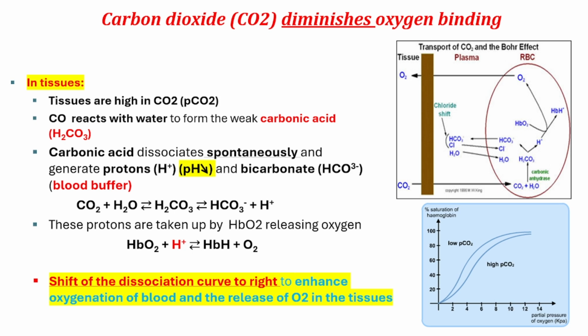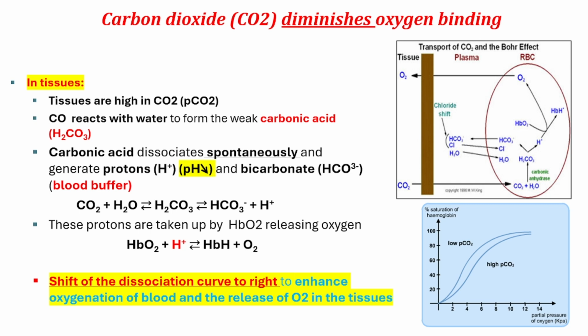The H2CO3 dissociates spontaneously once it is formed. It gives me H+, the proton, and bicarbonate. Bicarbonate is a buffer of the blood. Keep it in mind. It is the one that can adjust the pH of the blood.